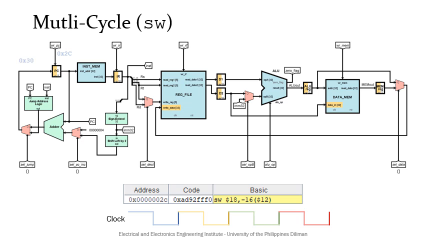Since we are not branching, sel PC increment and sel jump are both 0, and the PC plus 4 value of 0x30 appears at the PC input after some delay. Simultaneously, at the first clock cycle, the instruction is fetched and appears at the input of the instruction register IR. The write PC and write IR signals are asserted, and the values are saved into the PC and IR at the end of the first clock cycle.